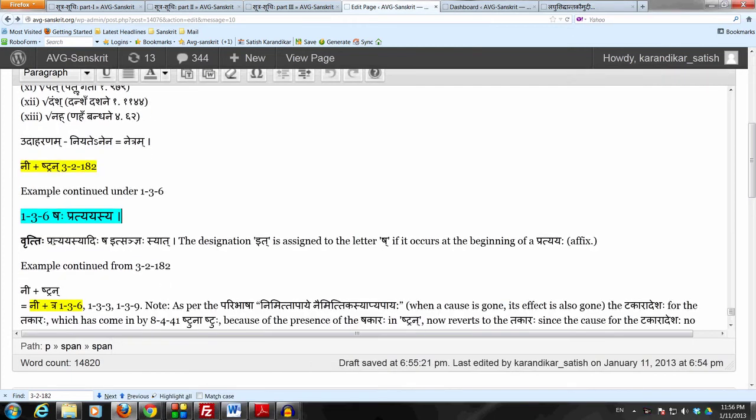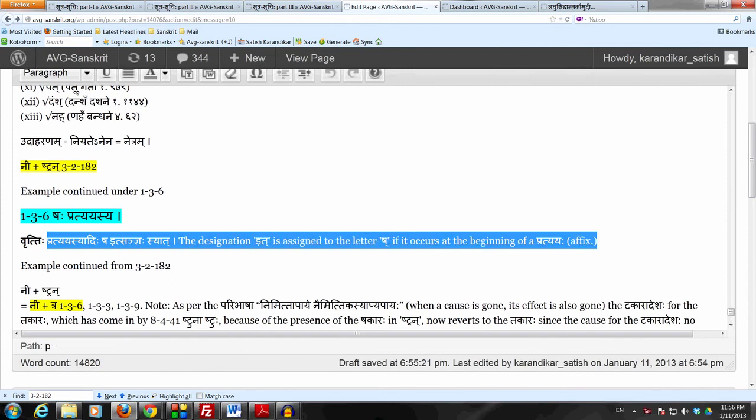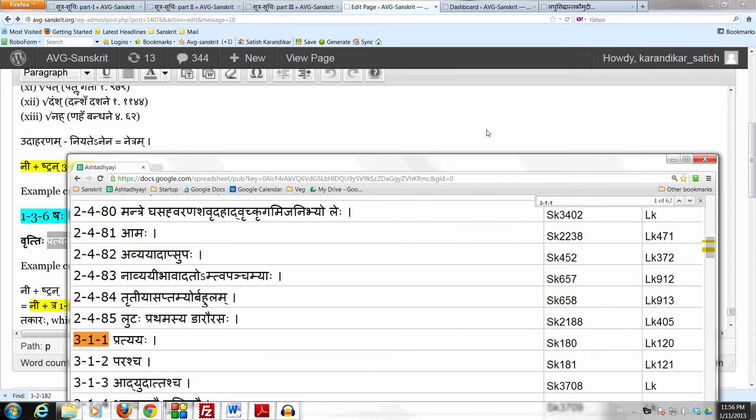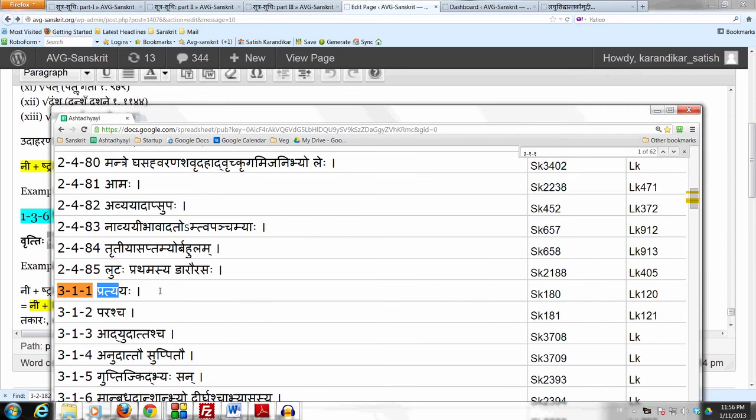The vritti says pratyayasyādiḥ ṣa it sanjñaḥ. So if you have a murdhanya shakara at the beginning of a pratyaya, pratyaya means what? That which is prescribed in the adhikara of pratyayaḥ parashcha, which starts from 3.1.1, 3.1.2 and goes to the end of chapter 5. So that is a pratyaya which is prescribed in chapters 3, 4 or 5.